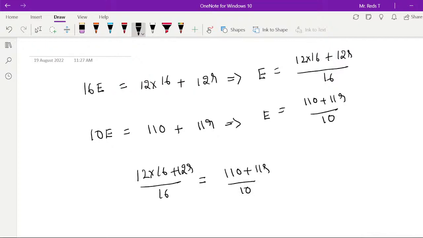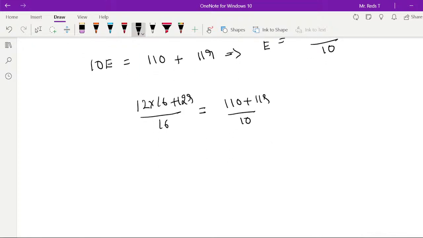Now if you simplify further by cross multiplying, you can write it as 12 into 16 into 10 plus 12 into 10, 120R, is equal to 110 into 16 plus 11 into 16R.